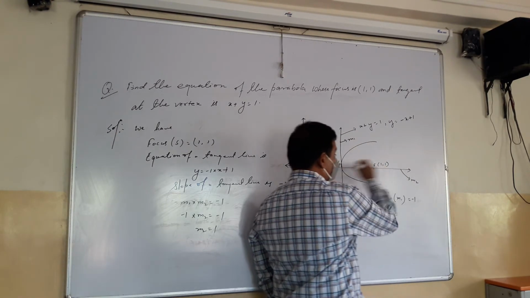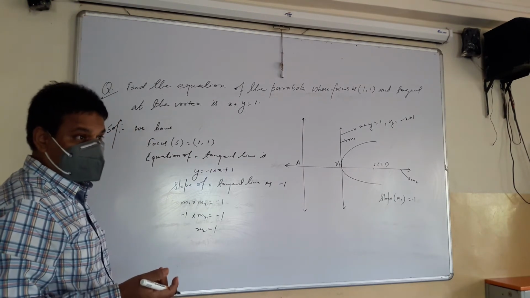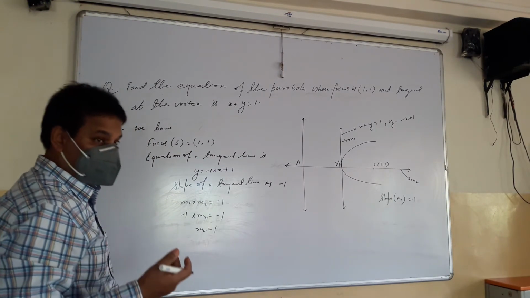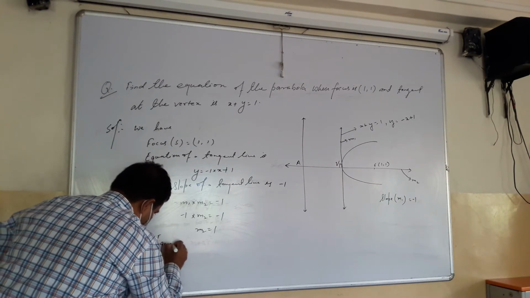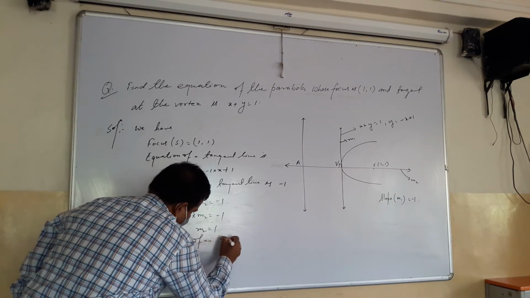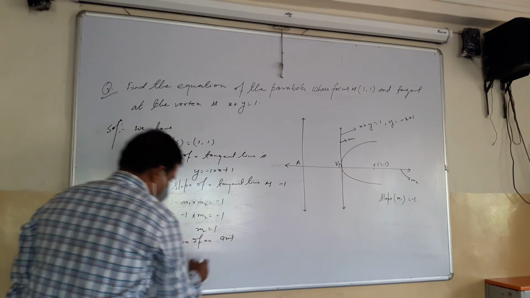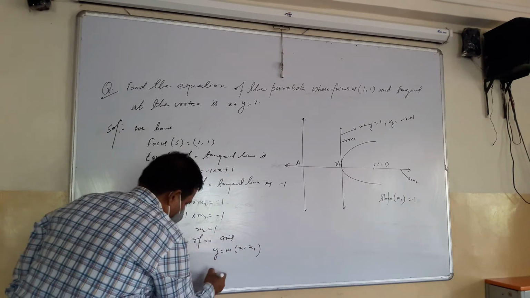So what is the equation of the axis? The equation of a line is y minus y1 equals m into x minus x1.